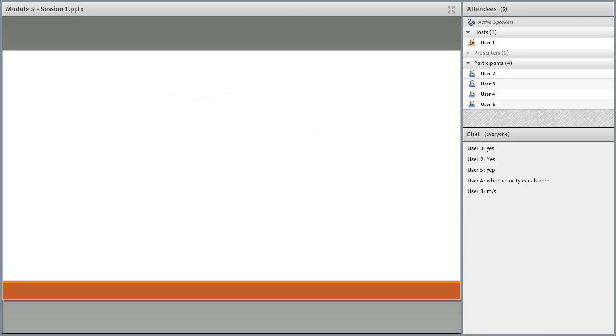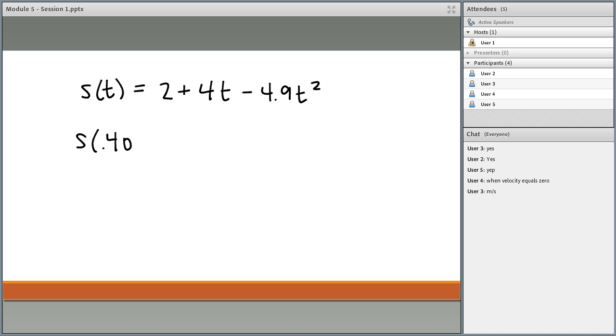So let me go to the next page. So we know s of t, the position function, is 2 plus 4t minus 4.9t squared. And I know that at 0.408 seconds, the ball is at the highest point. So I just plug in 0.408.